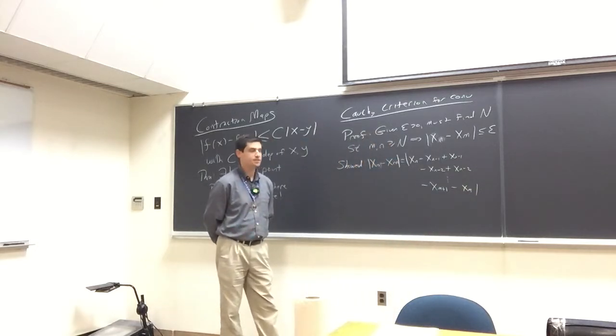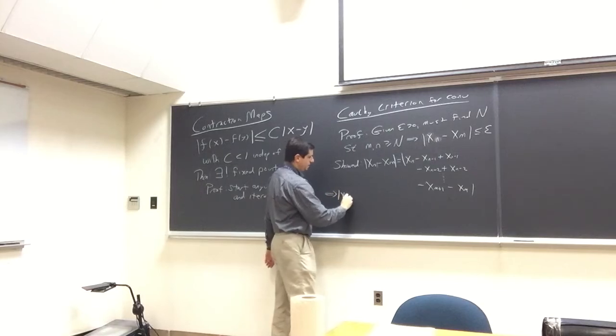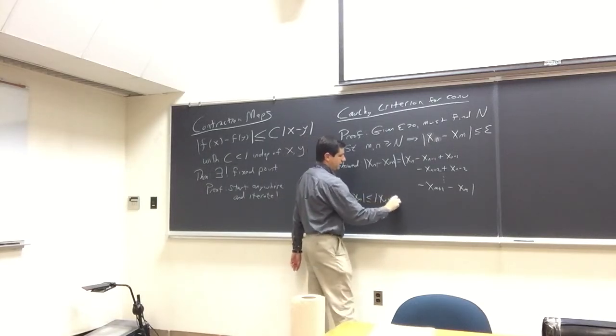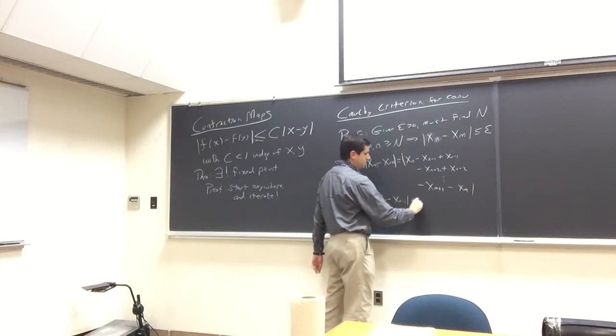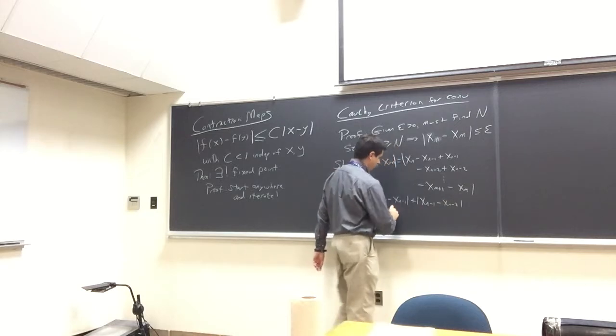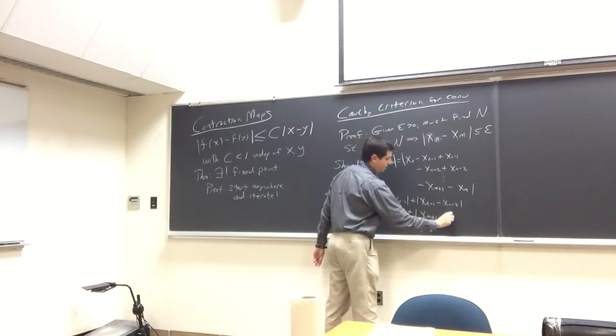And we just kept adding 0. So this implies that |x_n - x_m| is less than or equal to |x_n - x_{n-1}| plus |x_{n-1} - x_{n-2}| plus dot dot dot plus |x_{m+1} - x_m|.